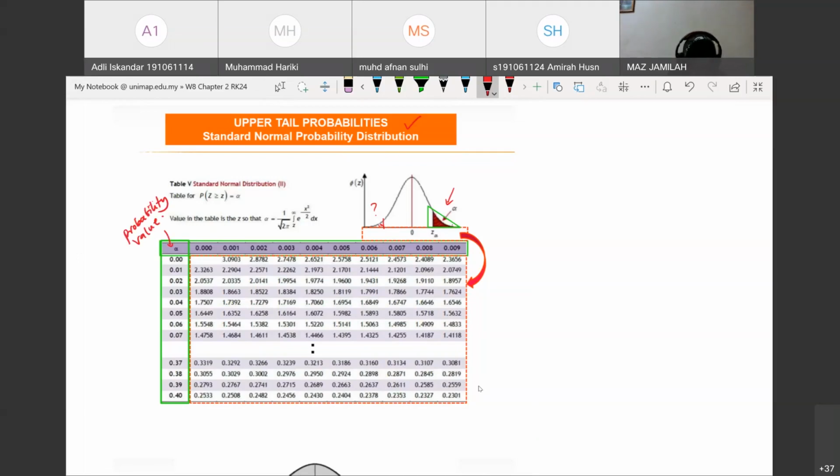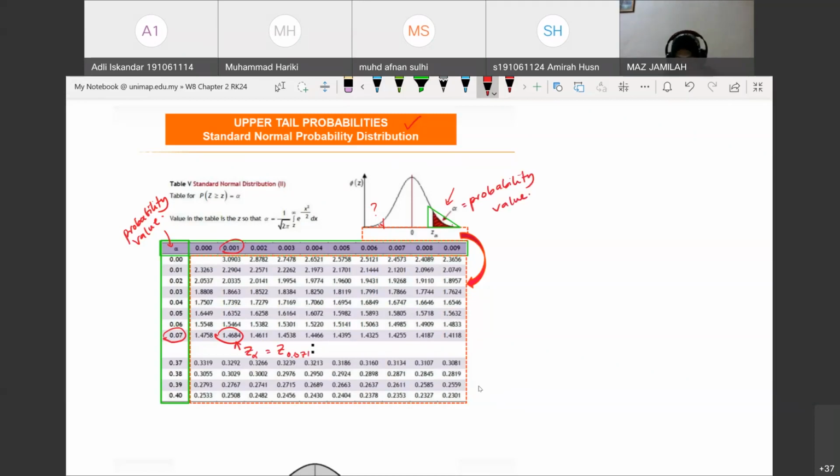Let's say the probability value that we are talking about is 0.071. This will be the value of your Z, the Z of your alpha, where your alpha is 0.071. Now this is your Z value and this is your alpha value. Your alpha value is your probability value.